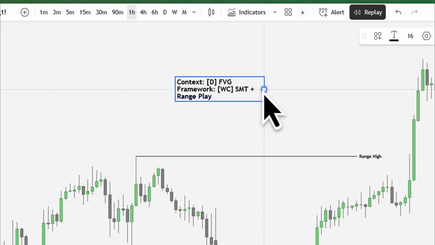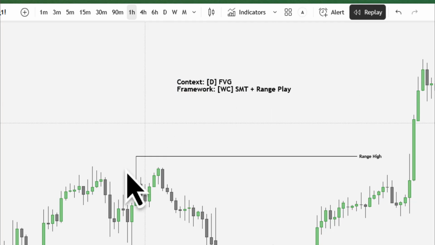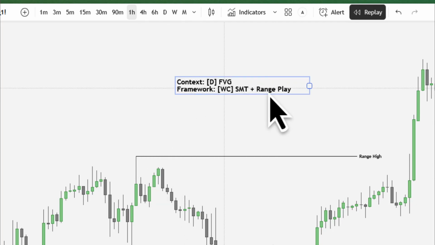So the higher time frame framework is a weekly cycle SMT plus the range play, which is range low, range high. We have context daily fair value gap.